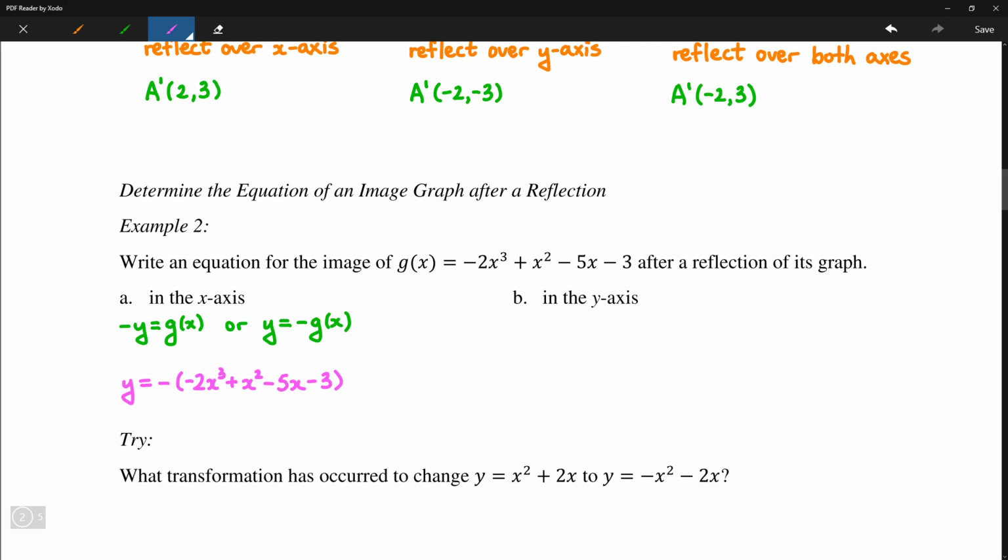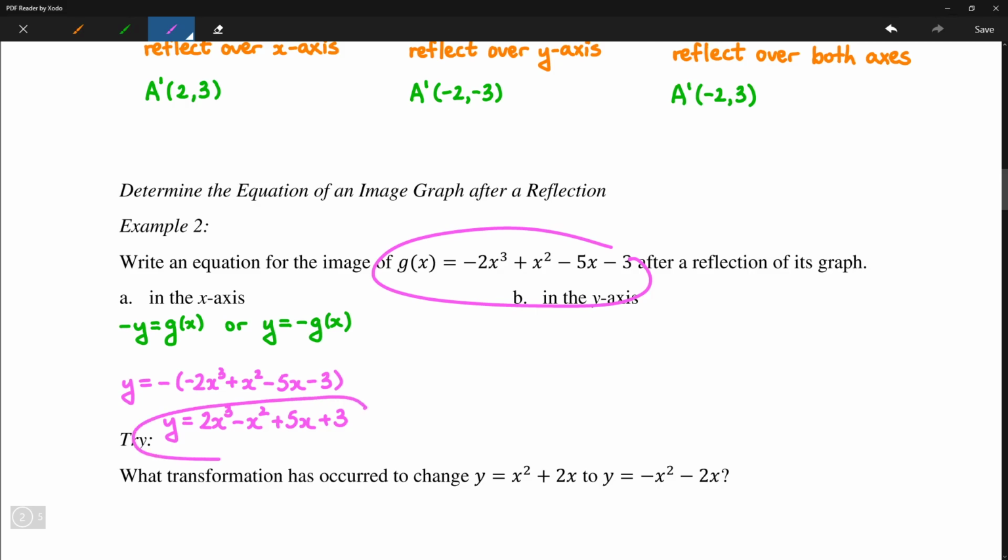So we can simply distribute the negative sign through the parentheses there. And so y is equal to 2x cubed minus x squared plus 5x and then plus 3. And if we were to graph both g of x here and this reflection, we will see that they're mirror images of each other over the x-axis.